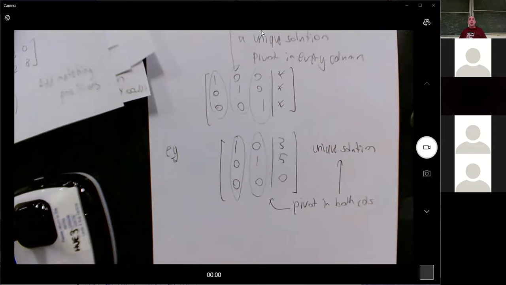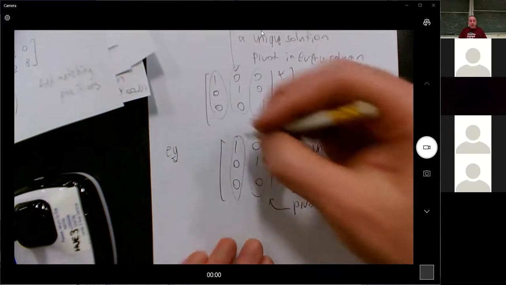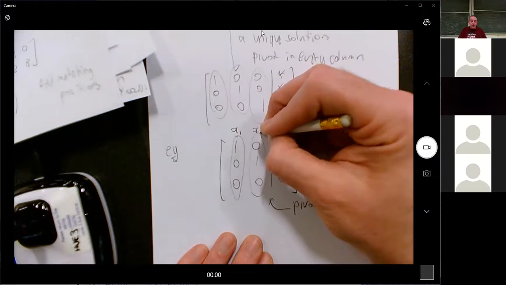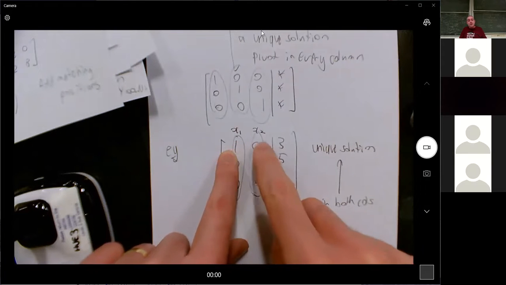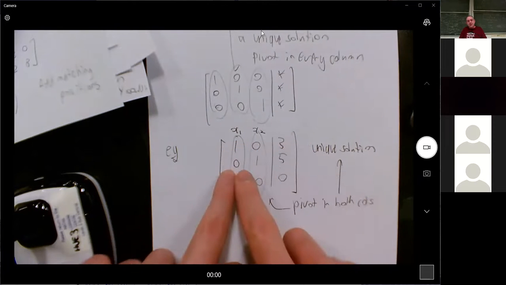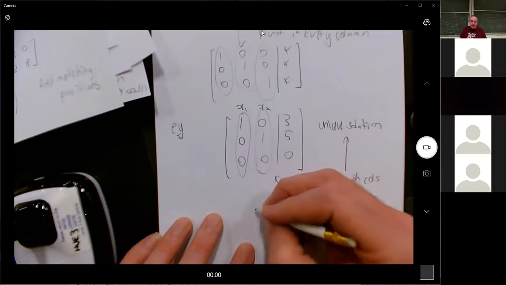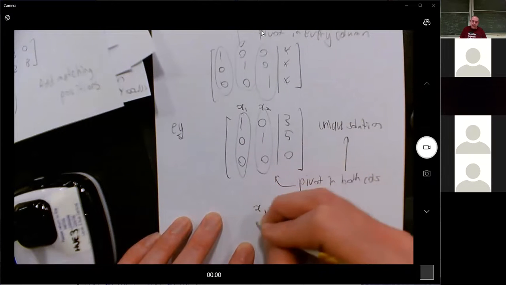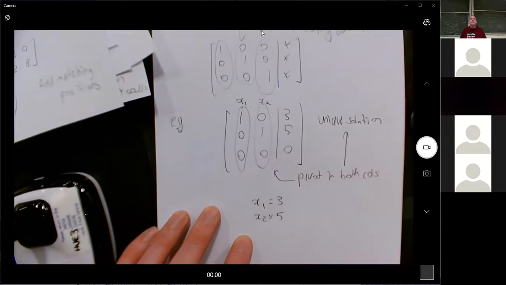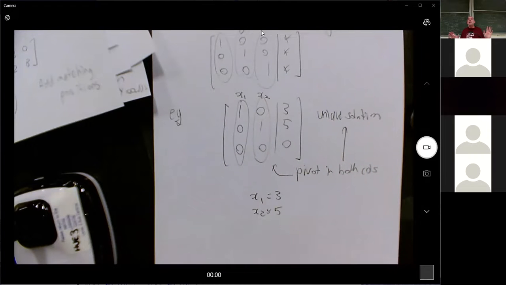Okay, so just want to point out, the unique solution is this: the first equation is 1x1 and 0x2 is 3, and this equation is 0x1 and 1x2 is 5, and so the unique solution is that x1 is 3 and x2 is 5. That's the unique solution. There is only one option for what both x1 and x2 can be.